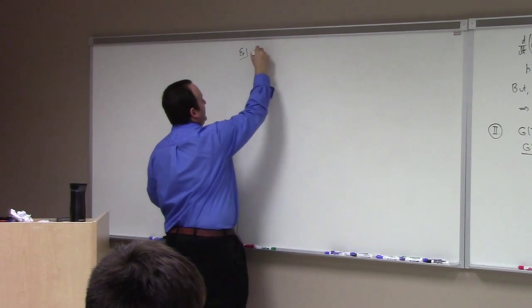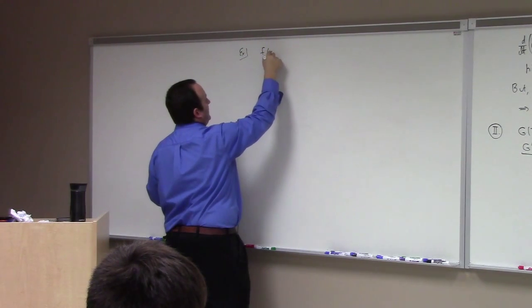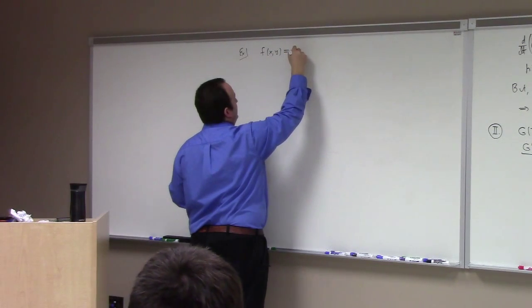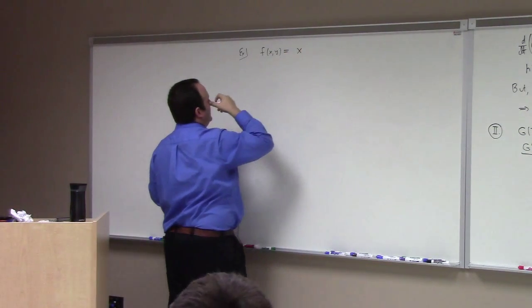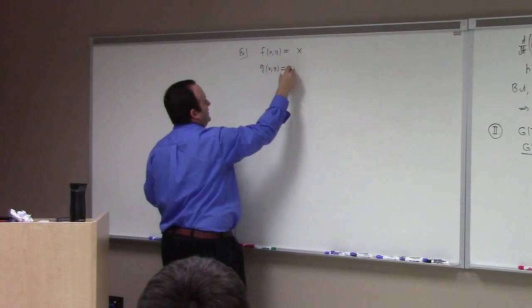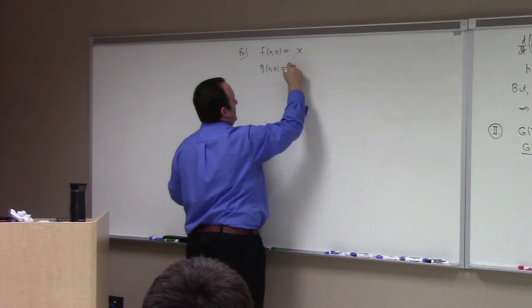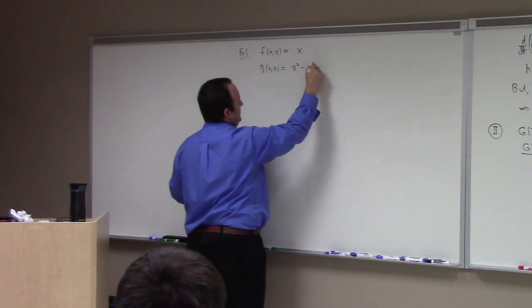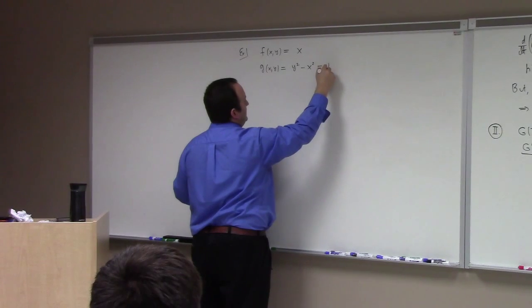Let's suppose we're looking at the objective function f of x, y. I'll keep it relatively simple. How about x? And let's look at the constraint function g of x, y equal to y squared minus x squared, perhaps, equals 1.